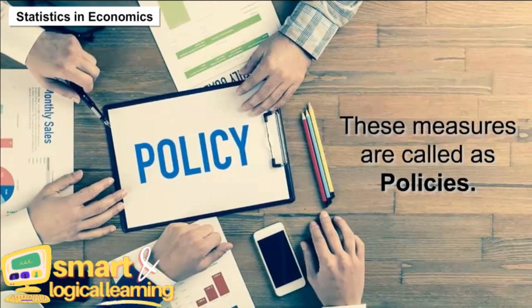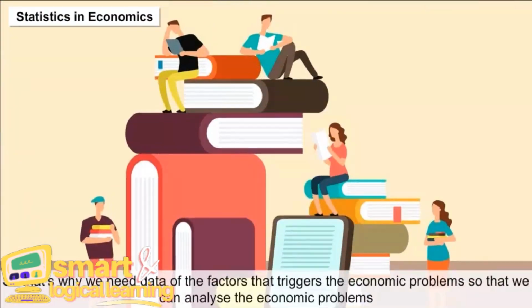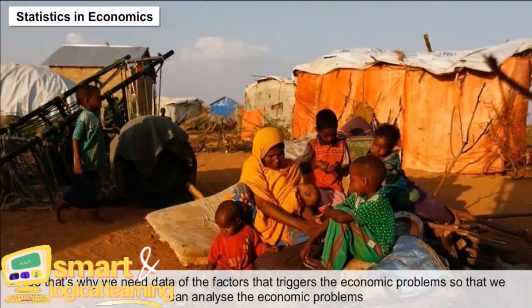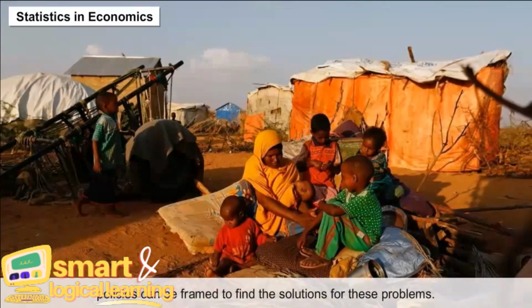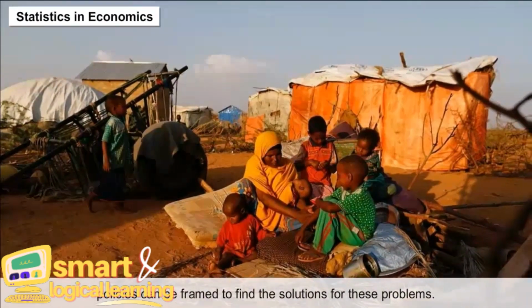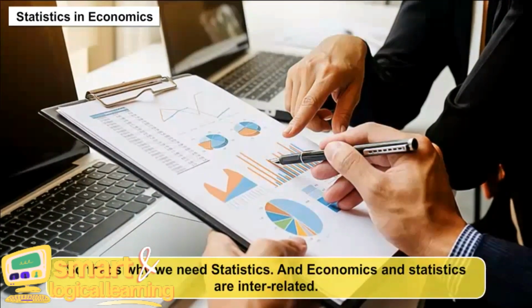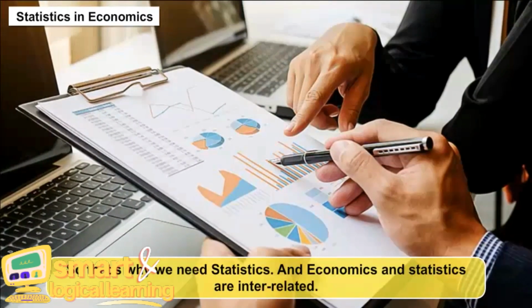These measures are called policies. So that's why we need data of the factors that trigger the economic problems, so that we can analyze them and policies can be framed to find solutions. So, that's why we need statistics, and economics and statistics are interrelated.